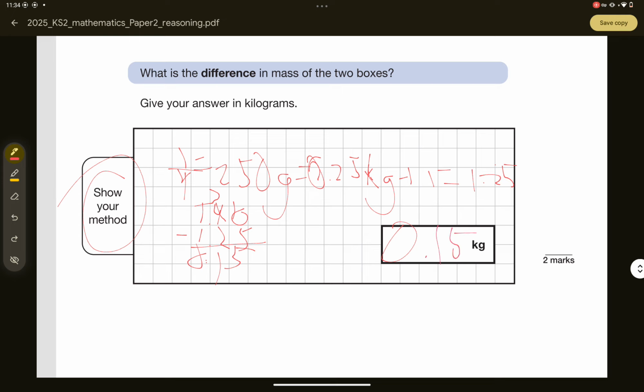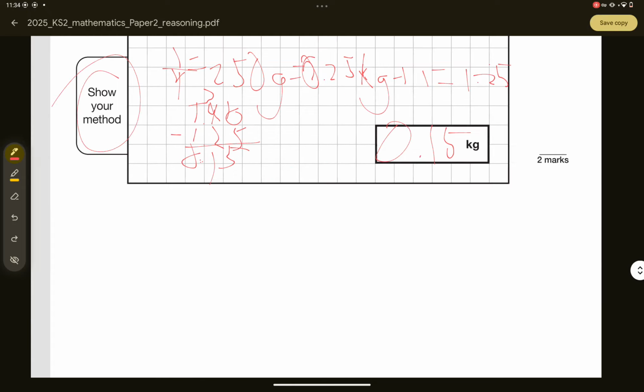Exchange the 4 for a 3, carry the 1 to the 0, which makes 10, and then 10 minus 5 equals 5, 3 minus 2 equals 1, and then 1 minus 1 equals 0. So 0.15 kg. Also, don't forget to add your decimal point.